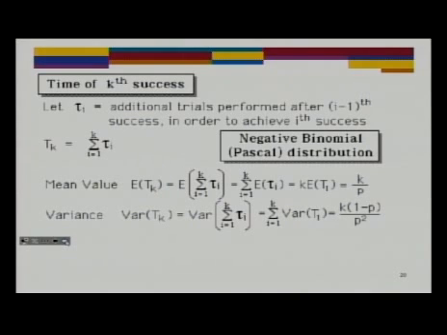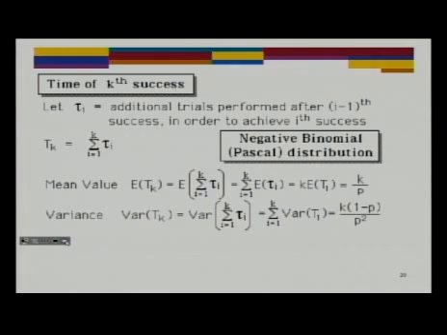Here, k is greater than 1. Of course, if k becomes 1, then we're going to go back to the geometric distribution. Okay? Anyhow, then the time of the kth success, in that case, follows the negative binomial distribution or Pascal distribution.